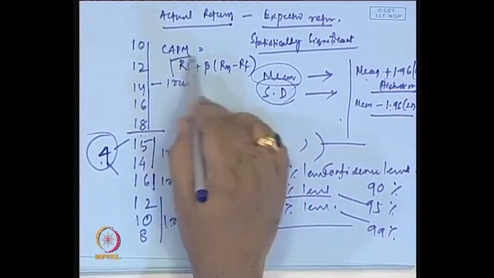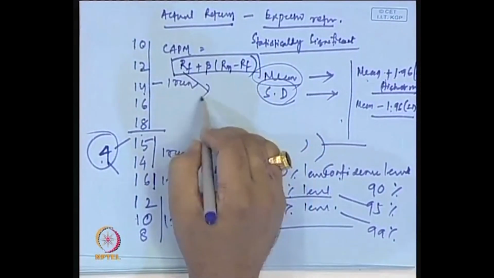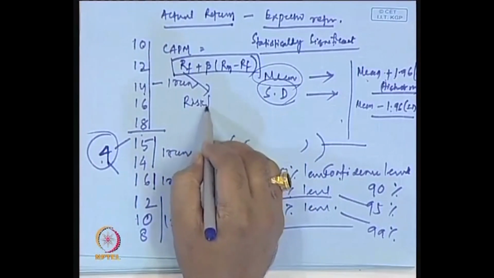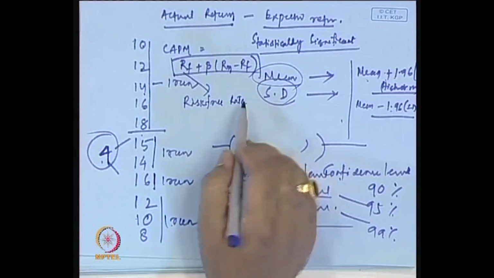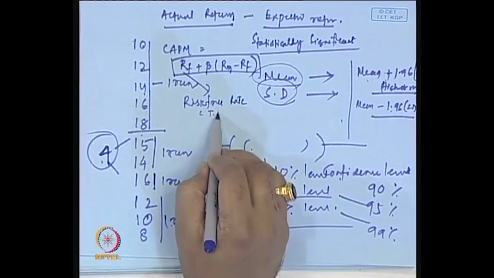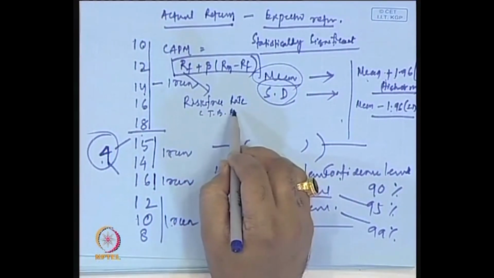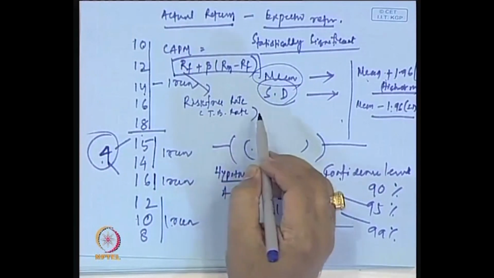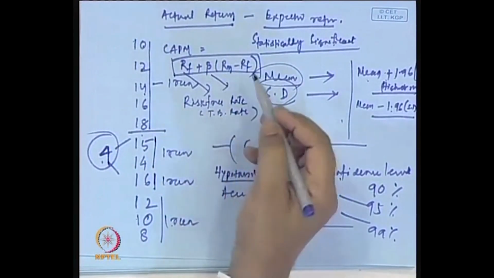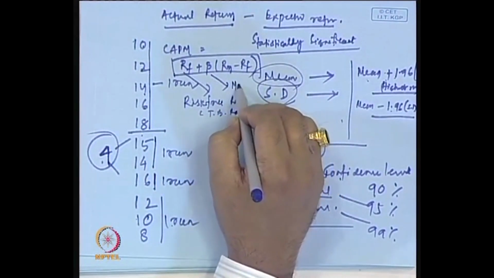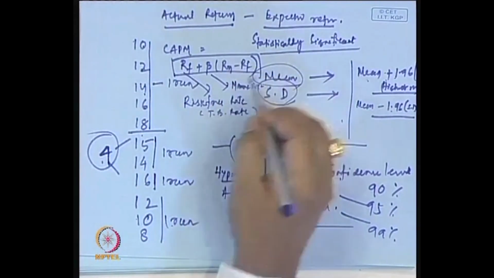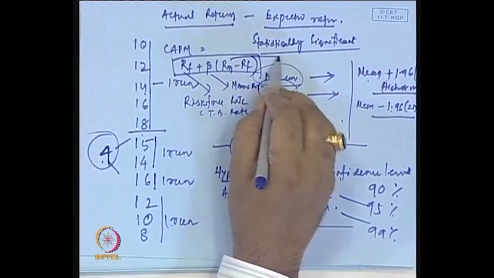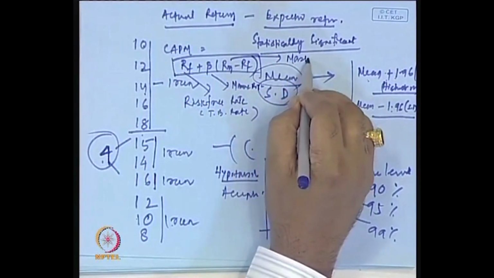What does it basically mean? The RF defines the risk free rate. The risk free rate means that without any risk, once you have started the investment, the return is assured, maybe the treasury bill rate. Then we have beta, which you already know is the market risk, and RM shows the market return.